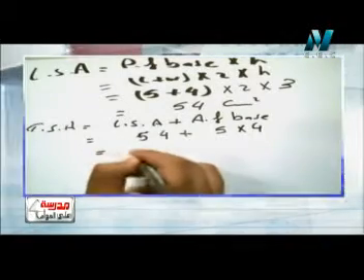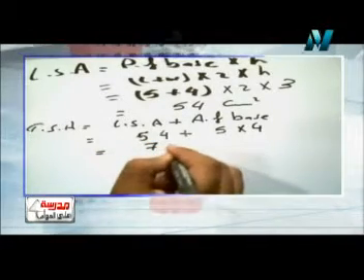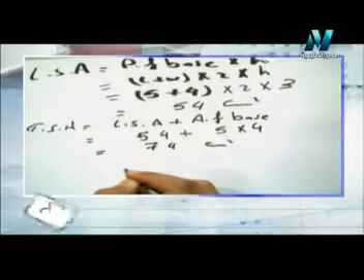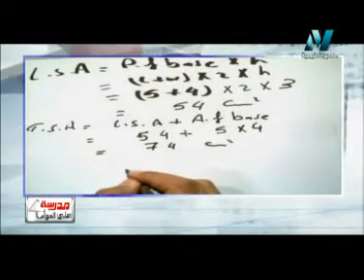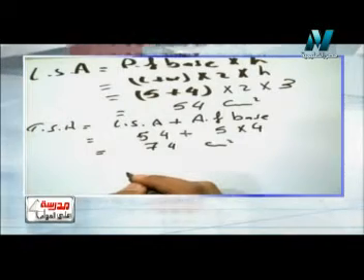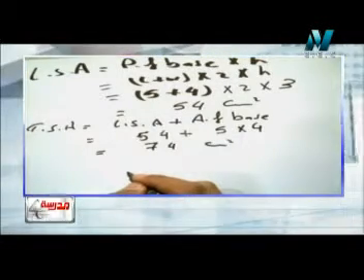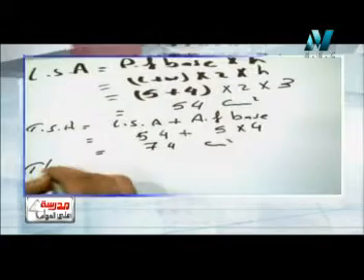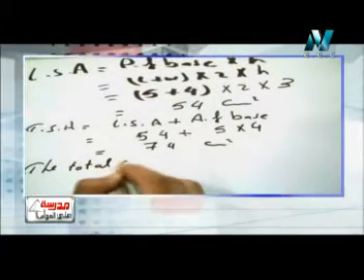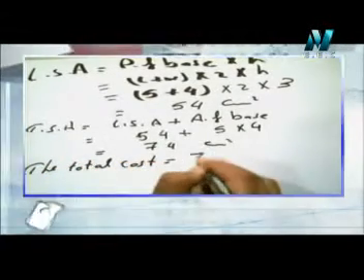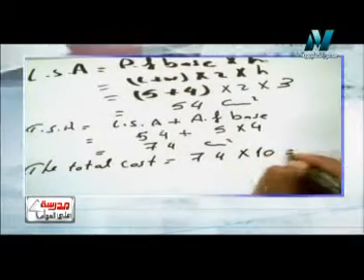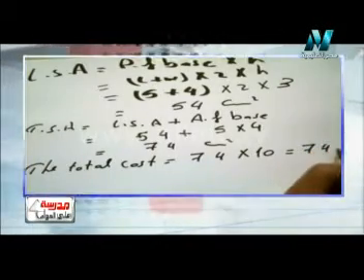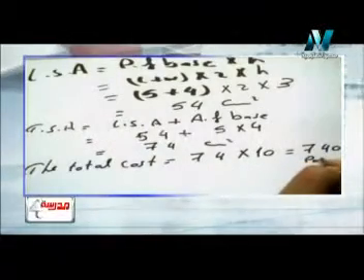The final result is 74 centimeters square. And how to find the total cost? The cost price of 1 square meter is 10. The total cost equal 74 times 10 equal 740 pounds.